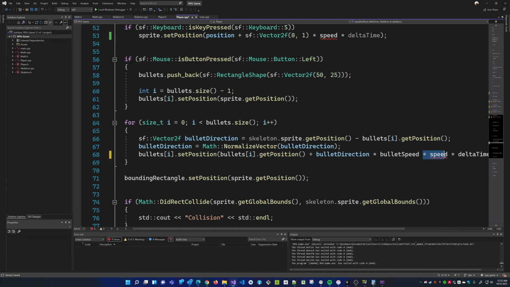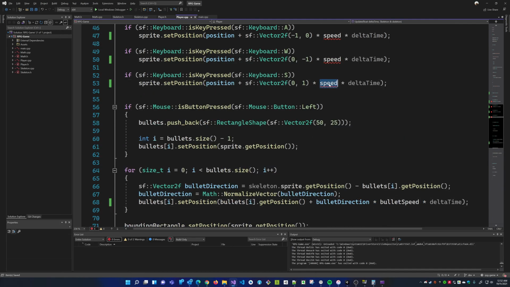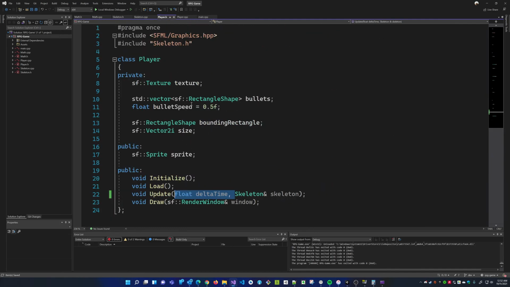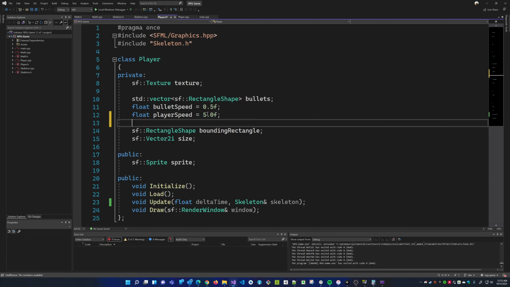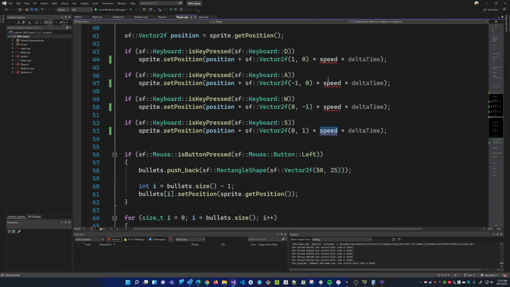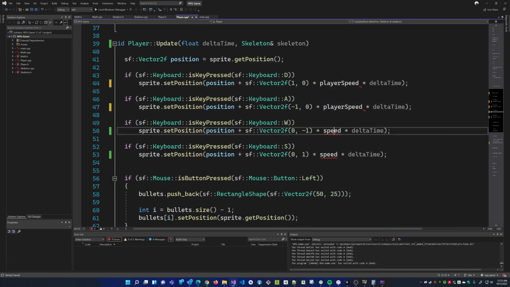I already have bullet speed. Just need to multiply by delta time. Now I need to make the player speed. So float player speed equal to 5.0 again. Or let's do 2.0. It's going to be player speed, player speed, player speed, player speed.